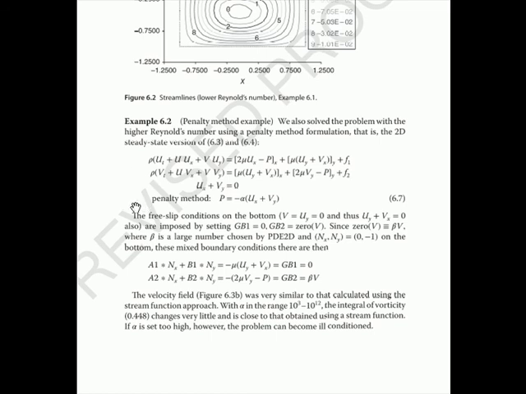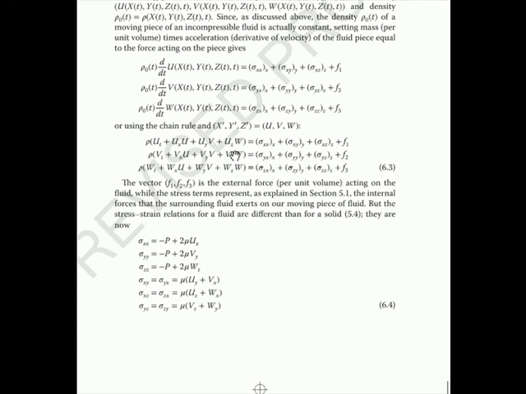Let's do an example using the penalty method in 2 dimensions. And there, if you simplify the 3D equations, remember this is one form of the 3D Navier-Stokes equations, where the sigmas are these, and you can reduce this to 2 dimensions pretty easily.